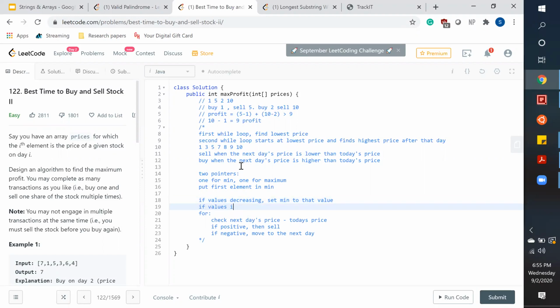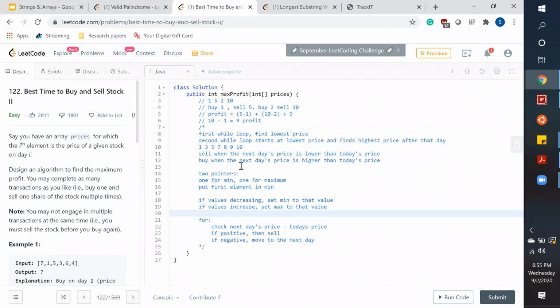So if the next element decreases below the minimum value of that array that we are already checking, then we will update the minimum, otherwise we will not update. So then I think your first example will return the right answer. Okay.